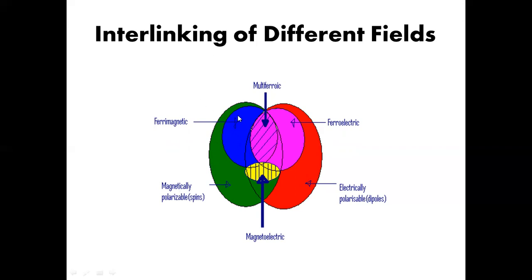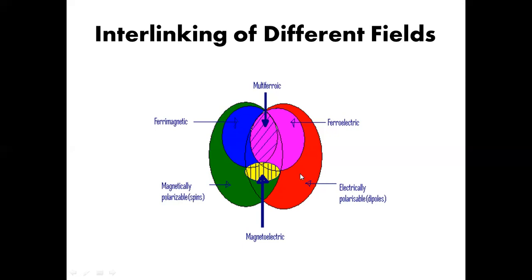This blue color circle is the region where the ferromagnetic or ferrimagnetic material is there. Similarly, on the other side, this pink color circle indicates the presence of the ferroelectric material, and this red color circle indicates the presence of the electrically polarizable things. So the electric dipoles are there.